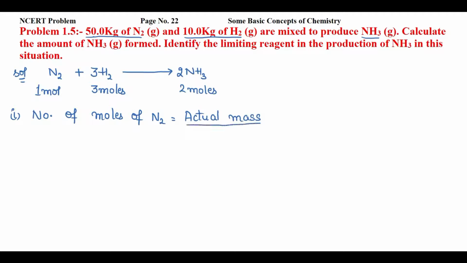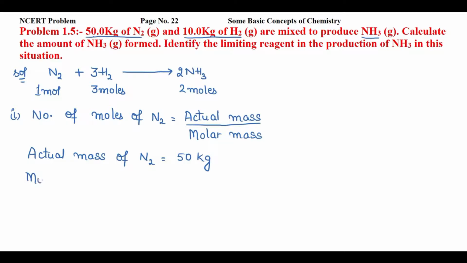Actual mass over molar mass. Now actual mass is 50 kg, so you can write actual mass of nitrogen equal to 50 kg, right?